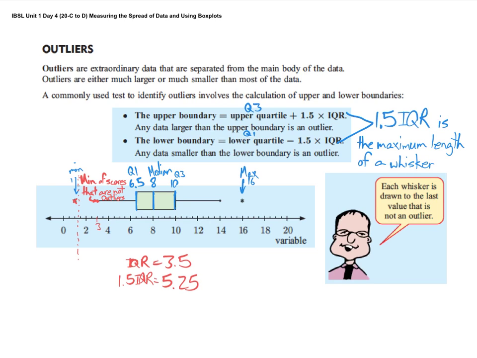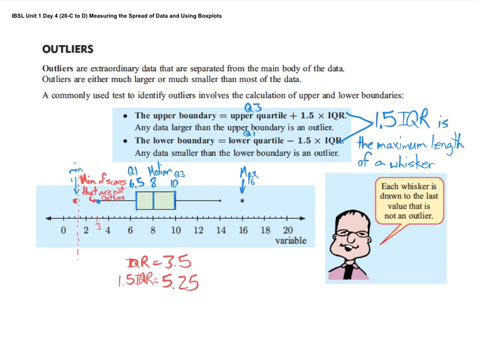That's what you draw your whisker to. Okay? So I actually know what the first two data points were here. I know I had a 1 and a 3, and then I've got some other values after that. Okay? Because 1's an outlier, 3's the next highest score I've got.